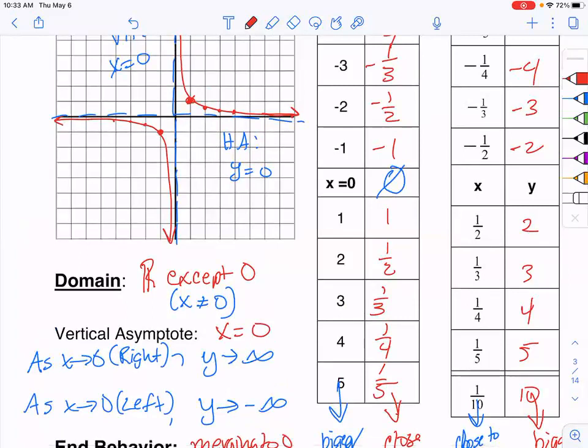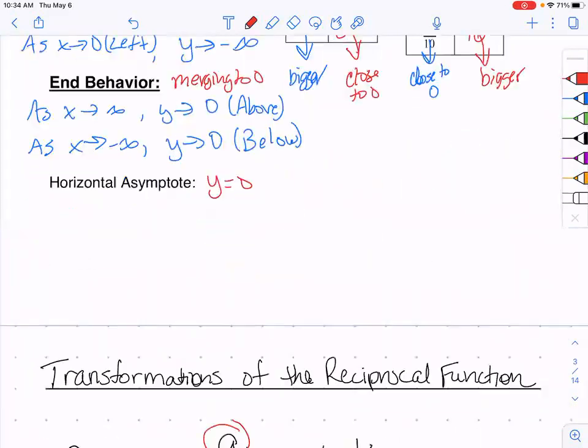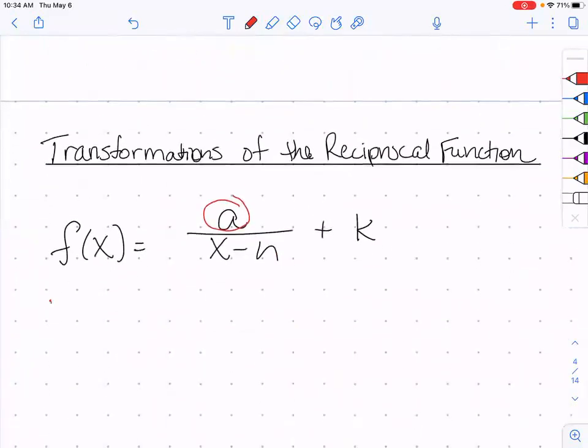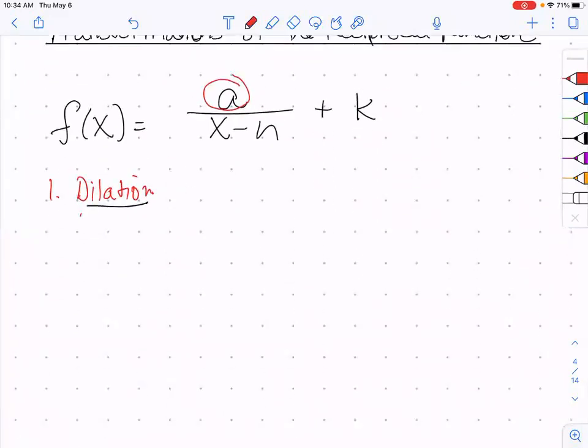A larger number there will pull that away from the origin a little further. So the first thing that the a does is a dilation. And when we think about the dilation, we can use factors of that number to help us get specific points on the graph. And I'll show you what I mean by that in a minute.